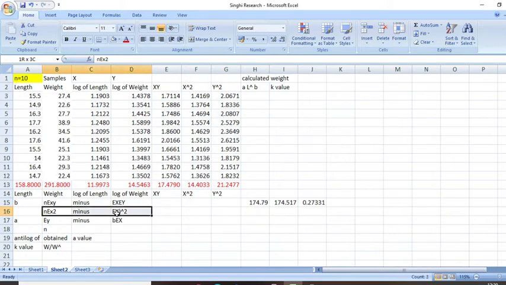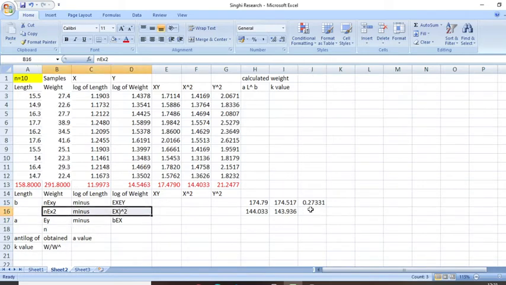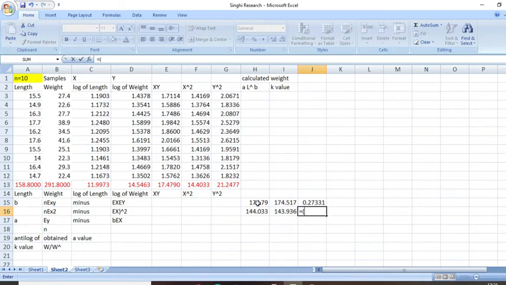Similarly, for the denominator you need to perform this. Here n, that is 10, into summation of x square, this one, then summation of x the whole square, then again you have to perform the minus operation for the denominator, this minus this, and you will get the denominator.